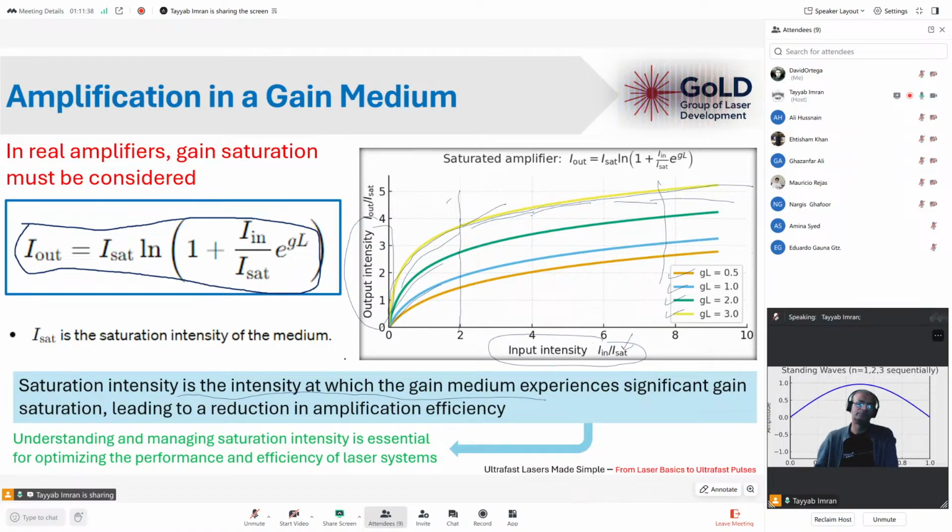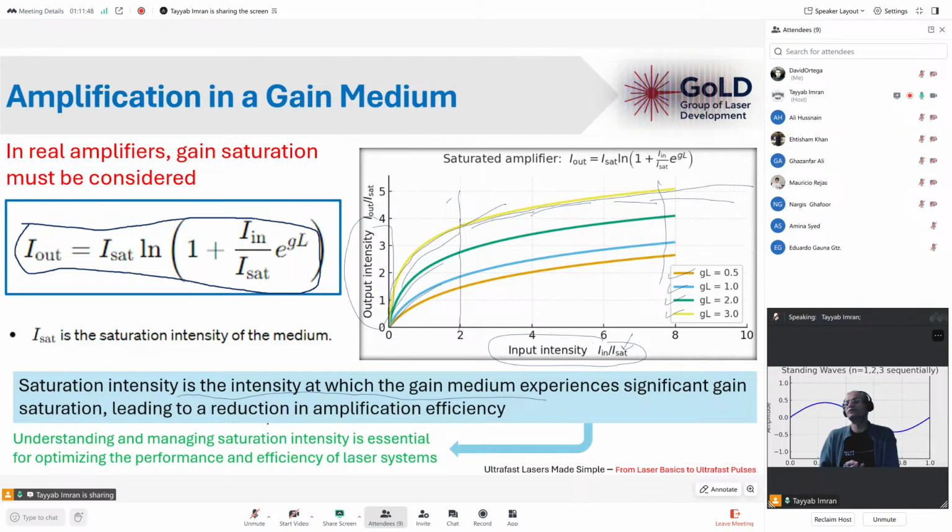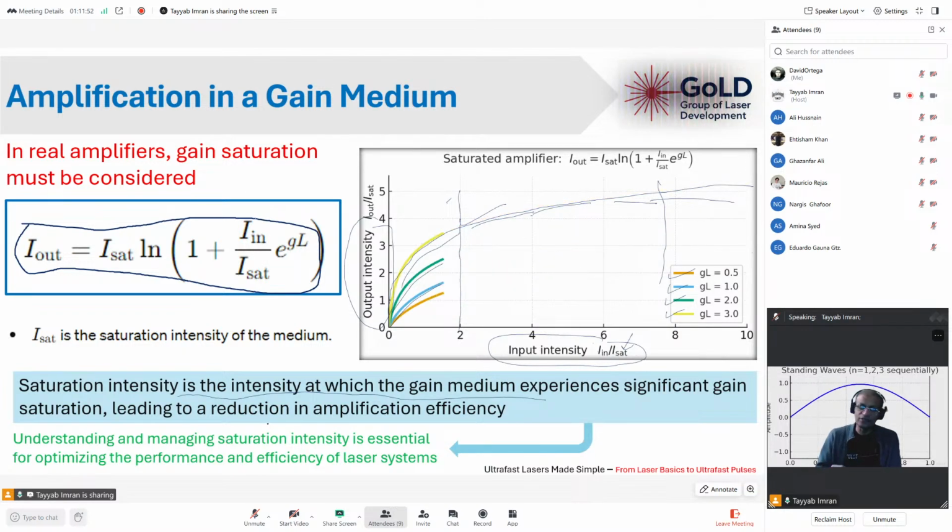The gain saturation, obviously, if I say gain, it means it's related to the gain medium. Titanium sapphire is the gain medium, and we are specifically discussing this for the amplifier.